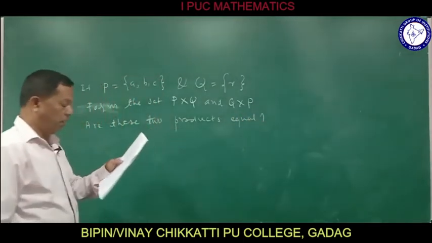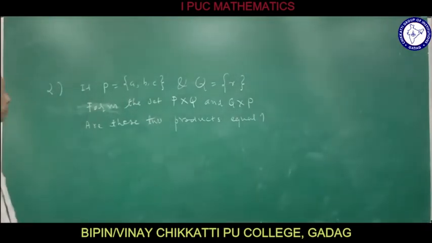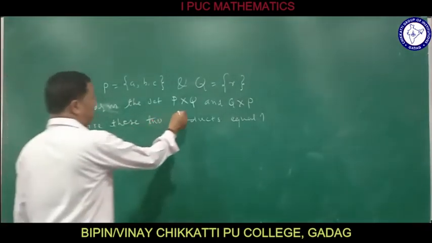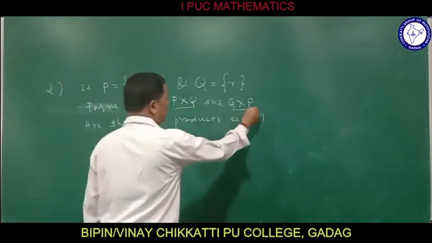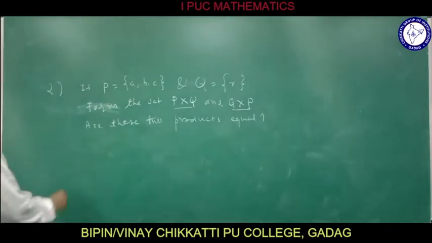First you form P cross Q and Q cross P, then you say whether they are equal or not. Solution.